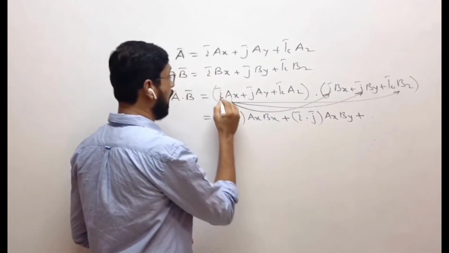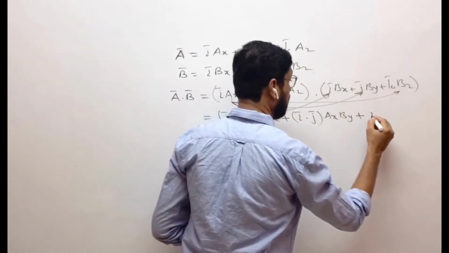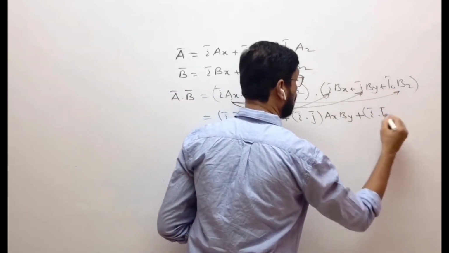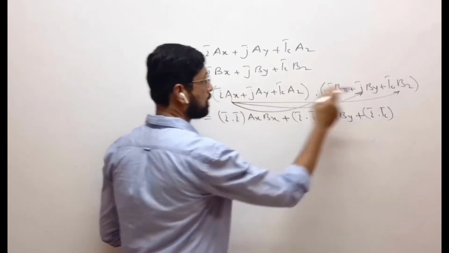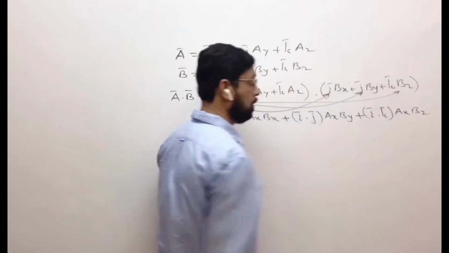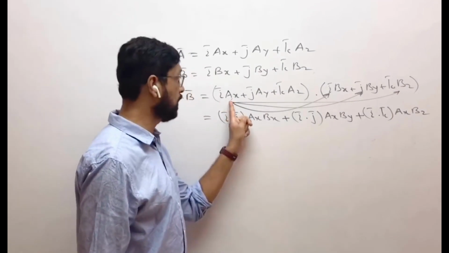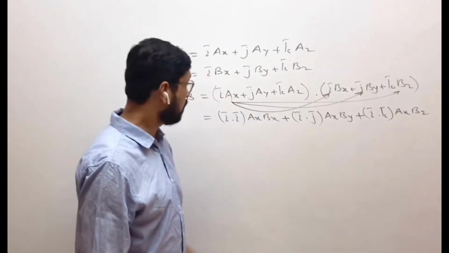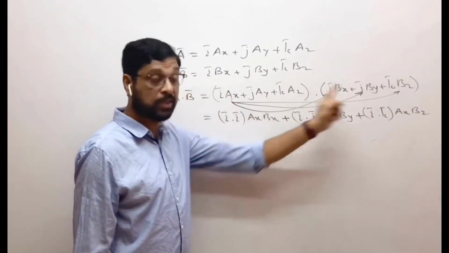So it will be I dot K AxBz. So you multiply this quantity with every term. Now similarly, we'll multiply this with every term.